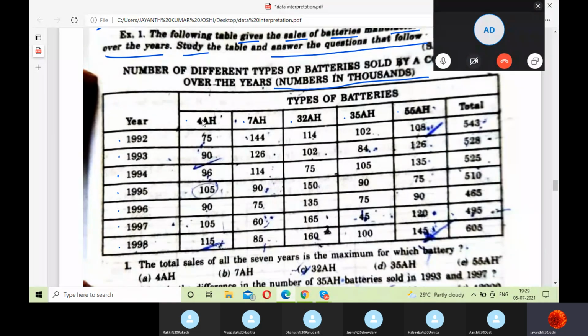These are the batteries sold. So 4Ah battery sold in 92 was 75, in 93 it was 90, in 94 it was 96, in 95 it was 105, like that.